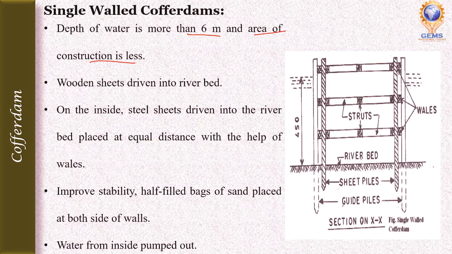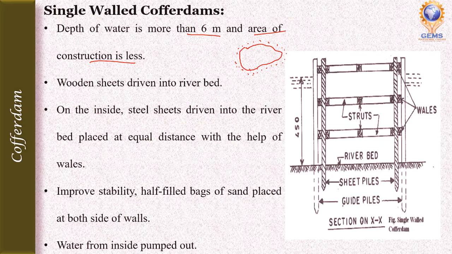So if it is a lake or a pond, you have to build a single-walled cofferdam. First we will drive the timber or wood sheets along the perimeter. Where you want to do the work, we will do it inside the wooden or timber sheets.